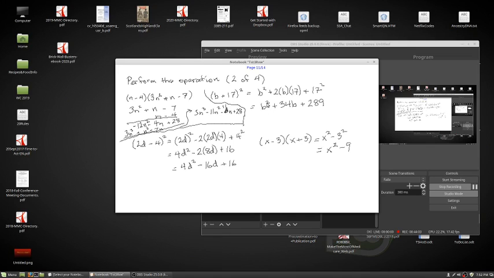So we have b squared. 2 times 17 is 34, so we end up with plus 34b as our middle term. And then 17 squared is 289. So the final answer here is b squared plus 34b plus 289.